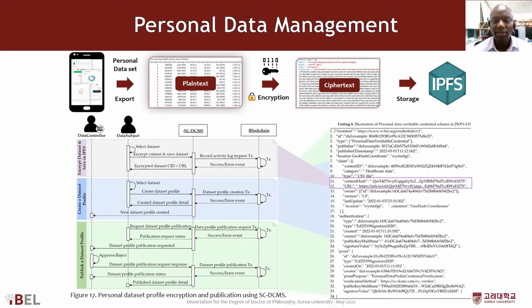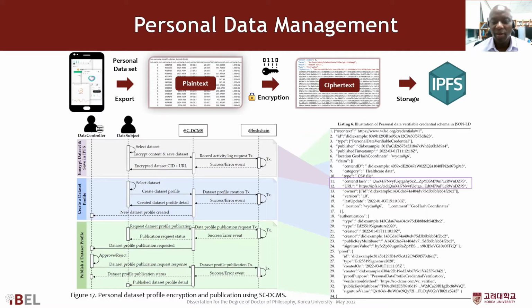The personal dataset verifiable credential schema, defined in JSON for linked data, is provided in listing 6, composed of 4 sections. The header section comprises verifiable credential attributes, and the second section is the dataset-related claim. The third section is the authentication section that includes the signature signed by the data subject for ownership verification.